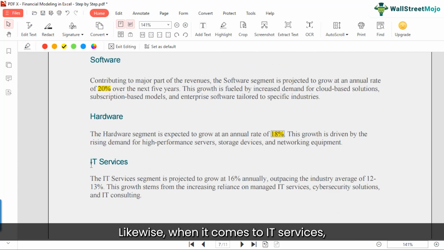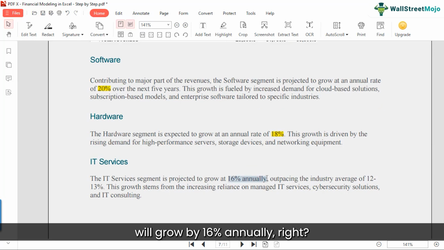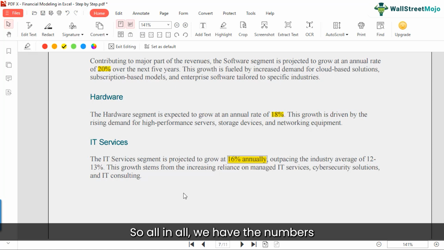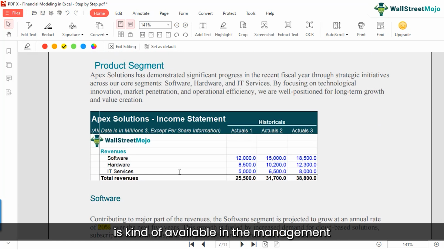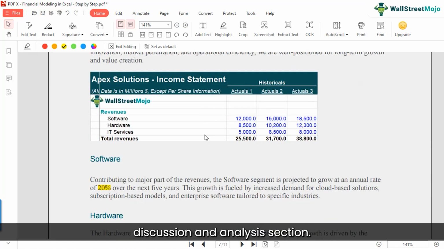Likewise, when it comes to IT services, the demand will grow by 16% annually, right? So all in all, we have the growth rates for the next 5-year period, and all of this is available in the management discussion and analysis section.